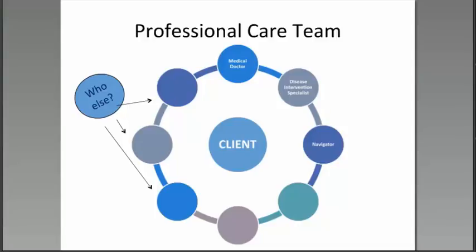For example, if a person is HIV positive, the professional care team might consist of a medical doctor, the disease intervention specialist, the navigator, and the case manager, while for someone who is negative, the team might be a little bit different, where they might have an HIV testing provider, someone providing behavioral interventions, mental health specialists, and so forth. This is going to be important to keep in mind as we're working with different and diverse populations.